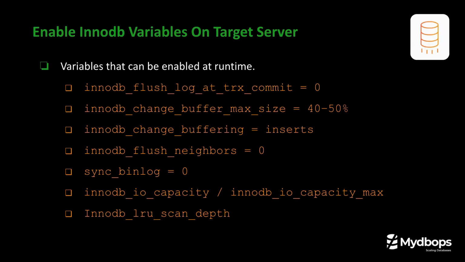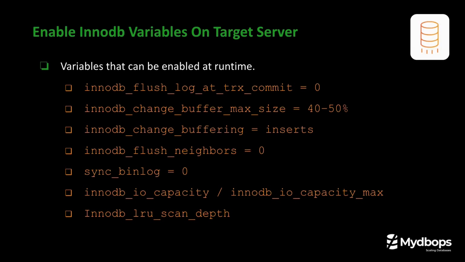Let's look at some MySQL parameters we can tune on the target database during the migration. These do not require any restart. We can set InnoDB flush log at transaction commit and sync binlog to 0 during a full load. This reduces the disk IO and makes bulk insert much faster, but they are low durability.